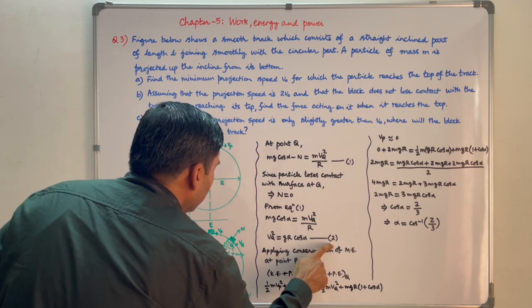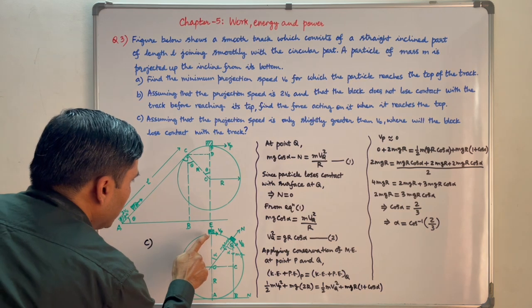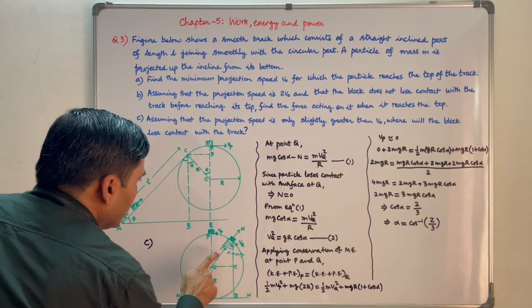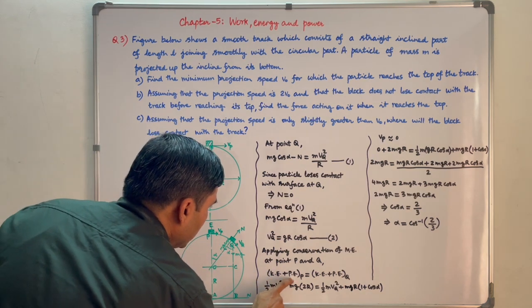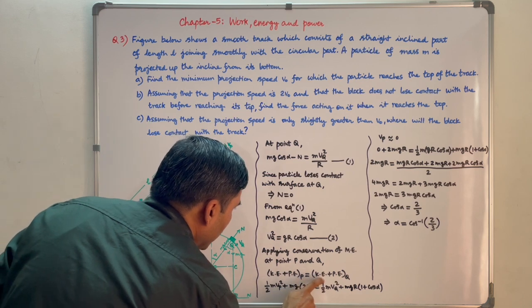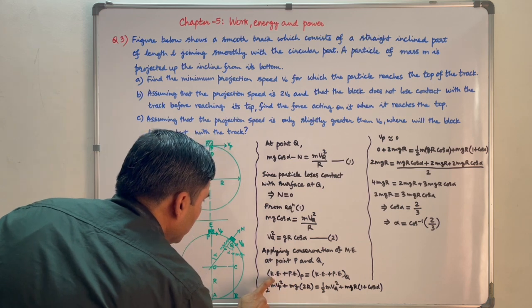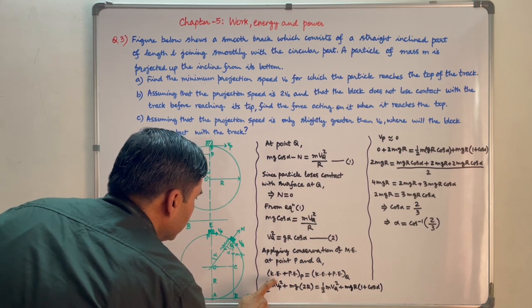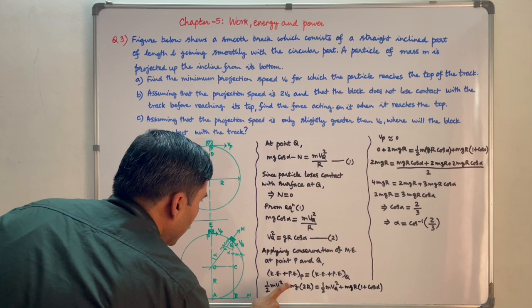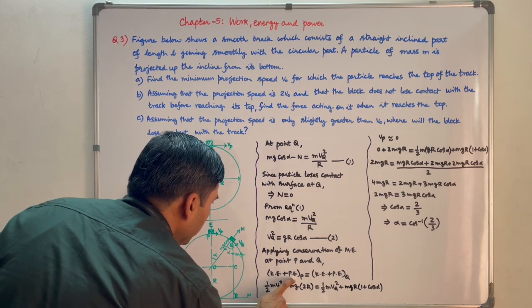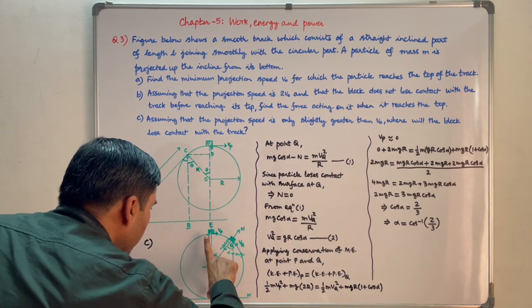Now we will apply conservation of mechanical energy at point P and Q. So kinetic energy plus potential energy at P is equal to kinetic energy plus potential energy at Q. Kinetic energy of the particle at point P is half m Vp square, and potential energy of the particle at P will be mg into this height.